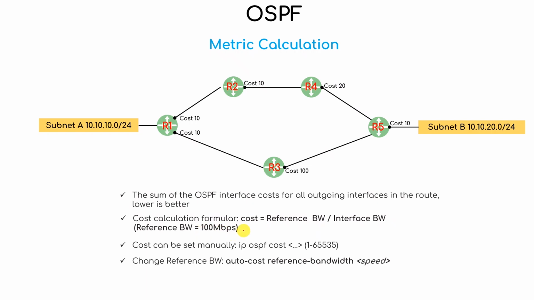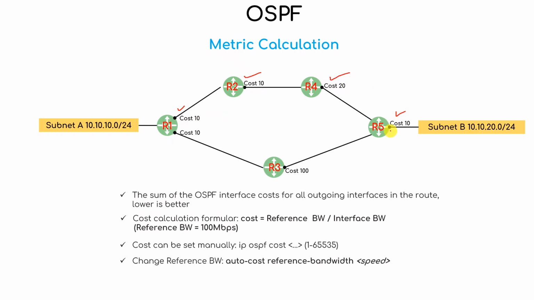For example, I have subnet A and subnet B, and we have two paths. Path 1 goes through router 2, router 4, and router 5. The second goes through router 3 and router 5. To go from subnet A to subnet B, we need to calculate the cost of the outgoing interfaces: this one, this one, this one, and this one, so the total is 50.